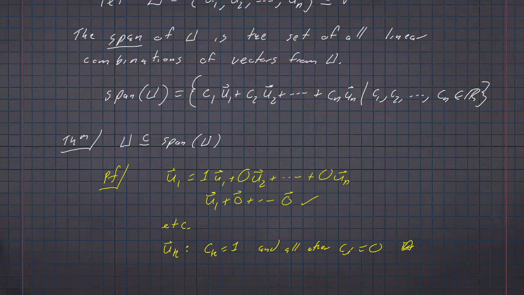So we can show that all of the vectors in the original set are still there in the span, which is important because that gives us that the span is non-empty. And we know that non-empty is a very useful tool for talking about vector spaces.